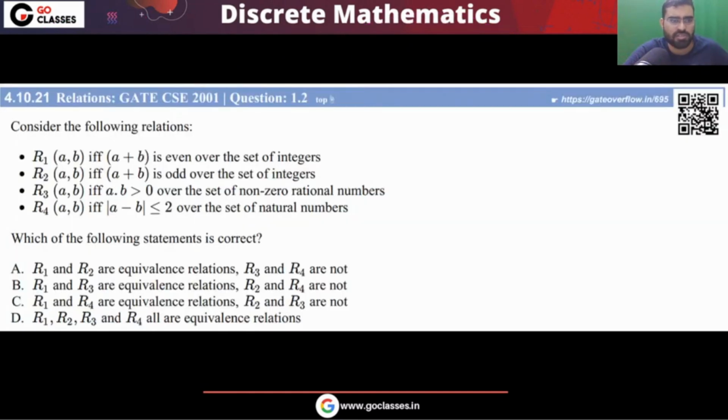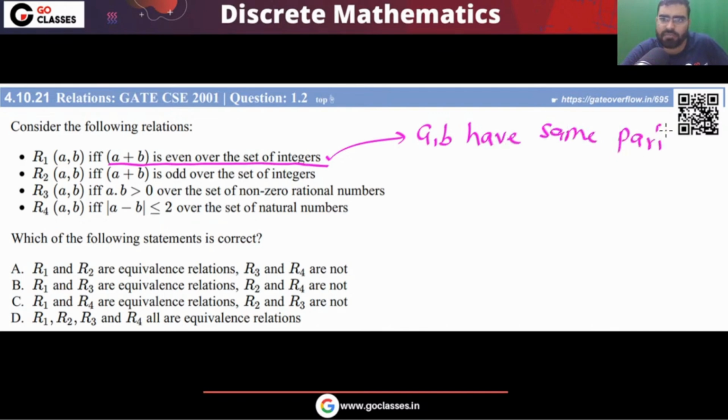Now let's solve this question. A is related to B if and only if A plus B is even. So here you are talking about sameness, right? Basically in this R1 you are saying that A, B have the same parity.